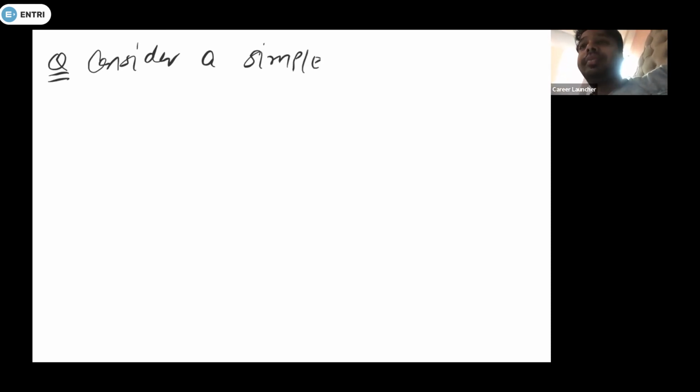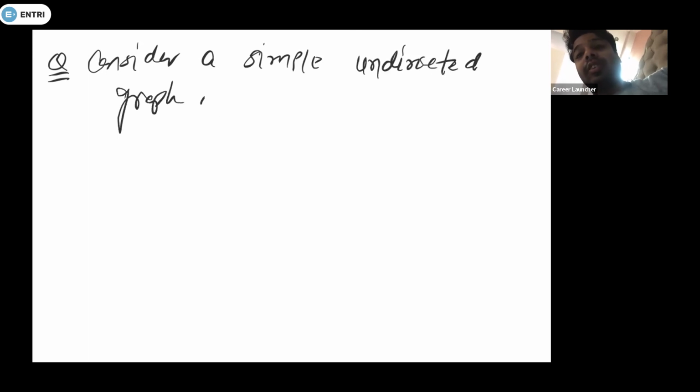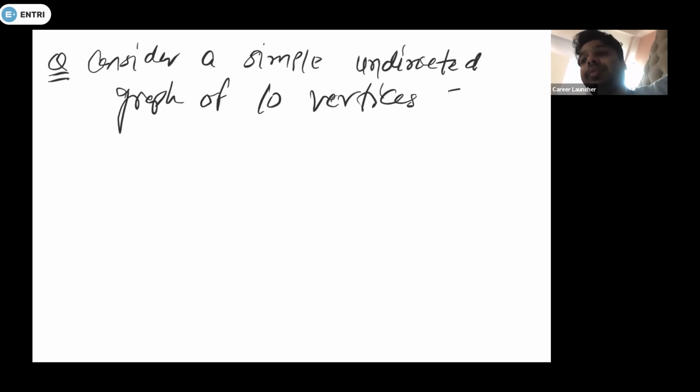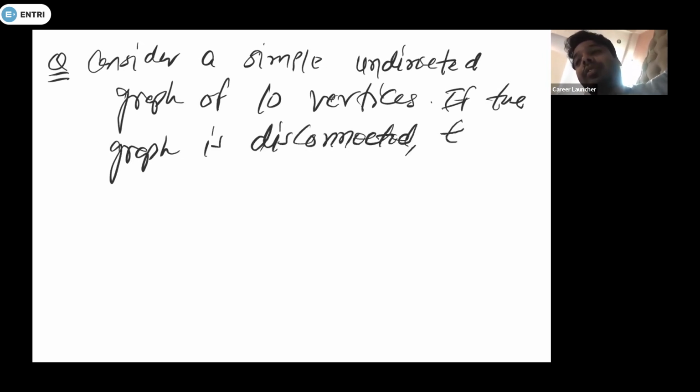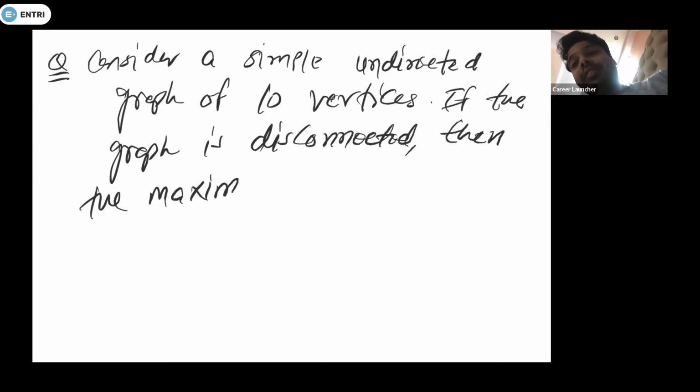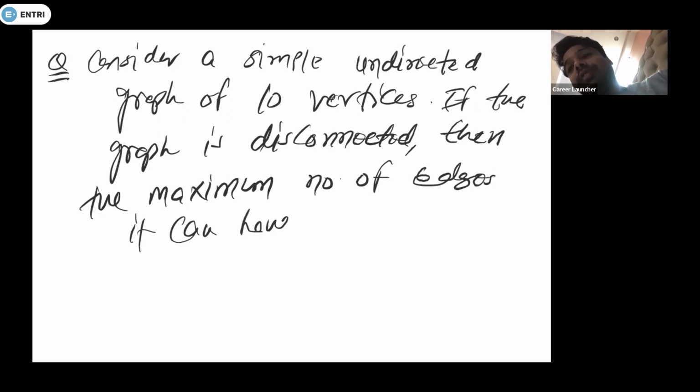Consider a simple undirected graph of 10 vertices. If the graph is disconnected, then the maximum number of edges it can have is?